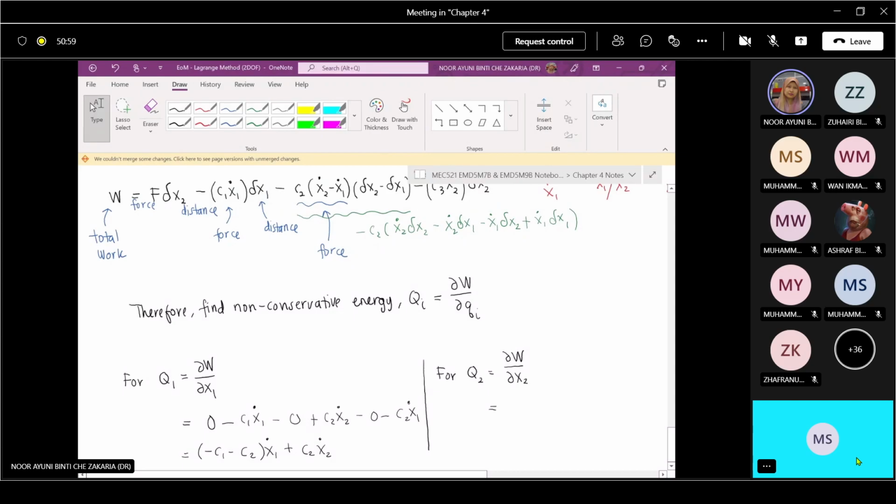Work, total work against x2. So looking at F on x2, if you differentiate F, we get F only, and then minus 0 because it is on x1.